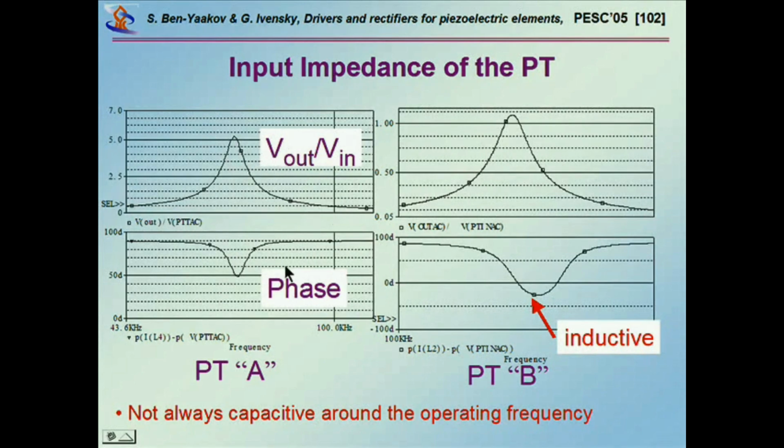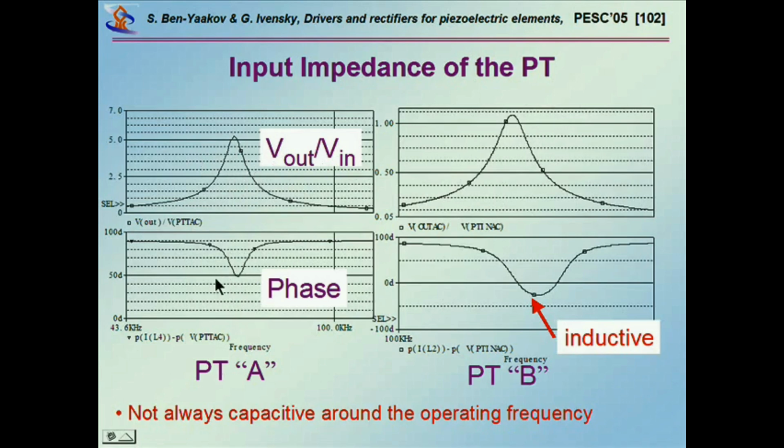Forgive me, this is correct. The phase is of the input, while this is the output to input, to see where the operating region is. The operating region of the transformer is this frequency here.